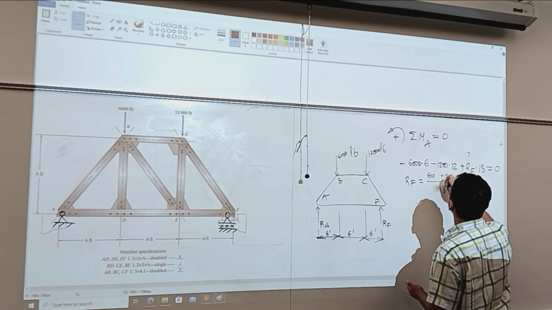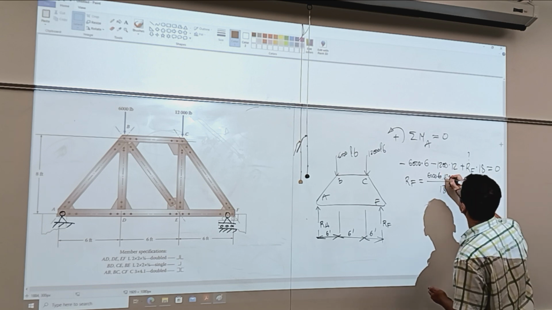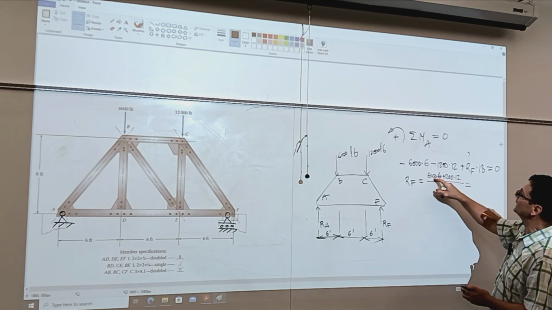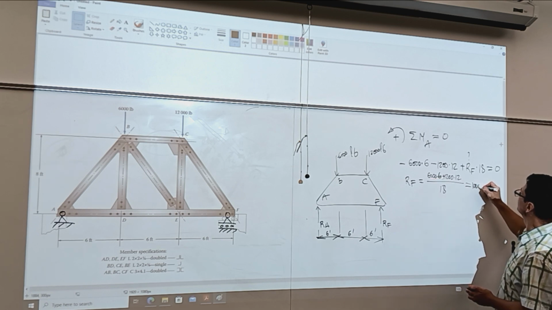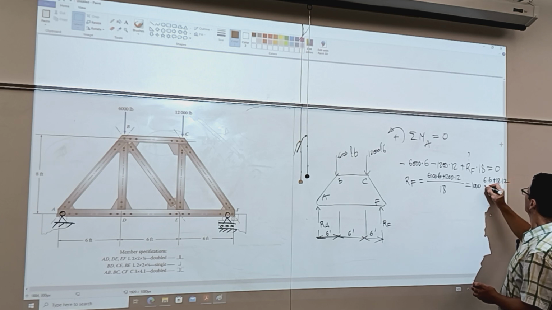All right, so 6,000 plus the small one. Actually, I can pull a 1,000 in front, and I can say 6 times 6 plus 12 times 12 over 18.